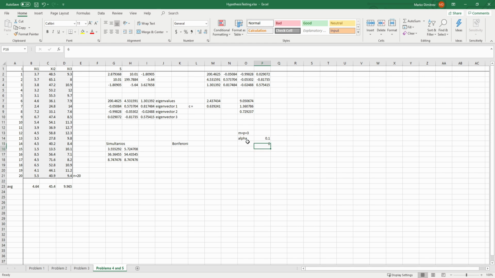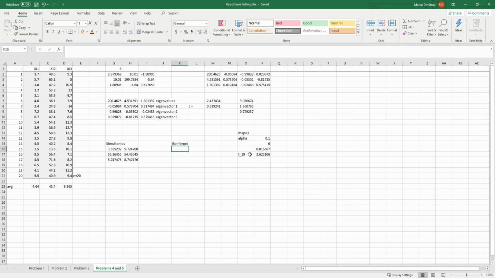Because we need alpha divided by 2p, so we need alpha divided by 6. And then we need the inverse of the Student t, two-tailed, of this probability, with degrees of freedom n minus 1, so 19. Let's call it t_19. This is our critical value.